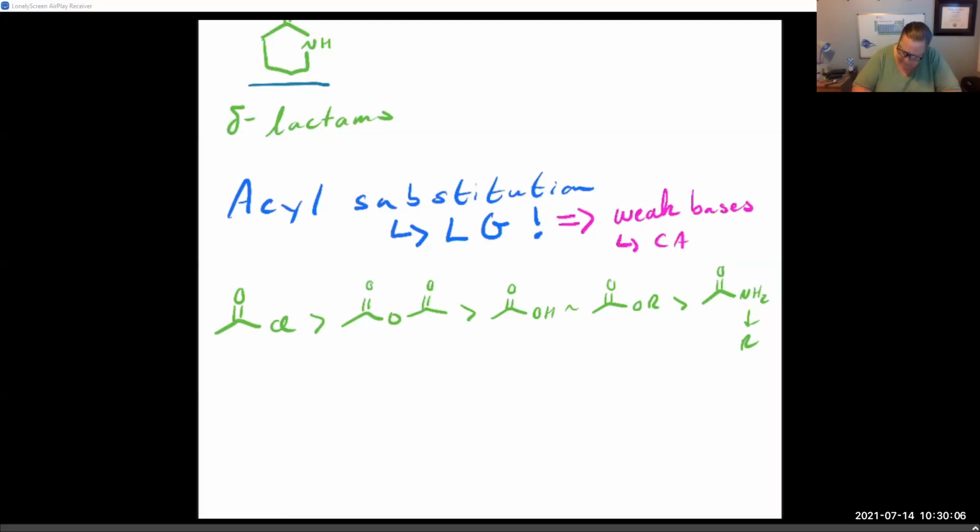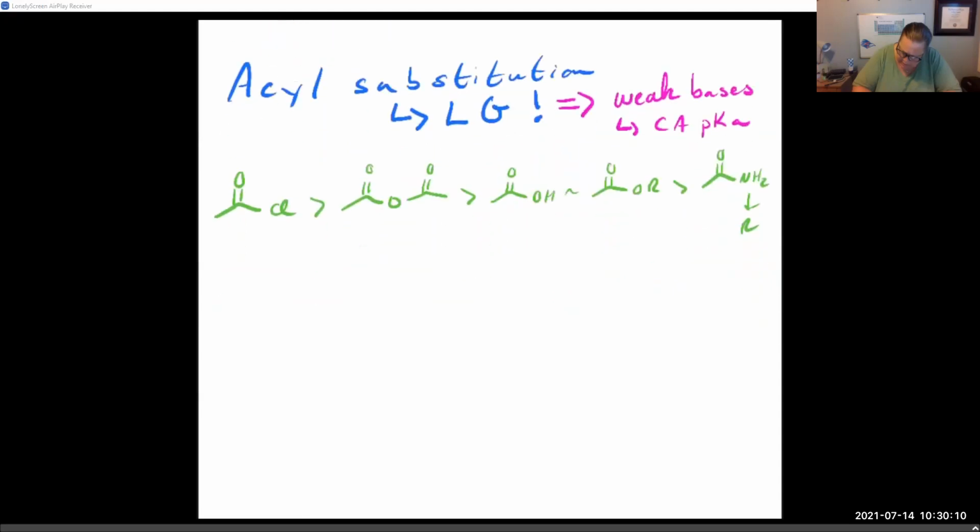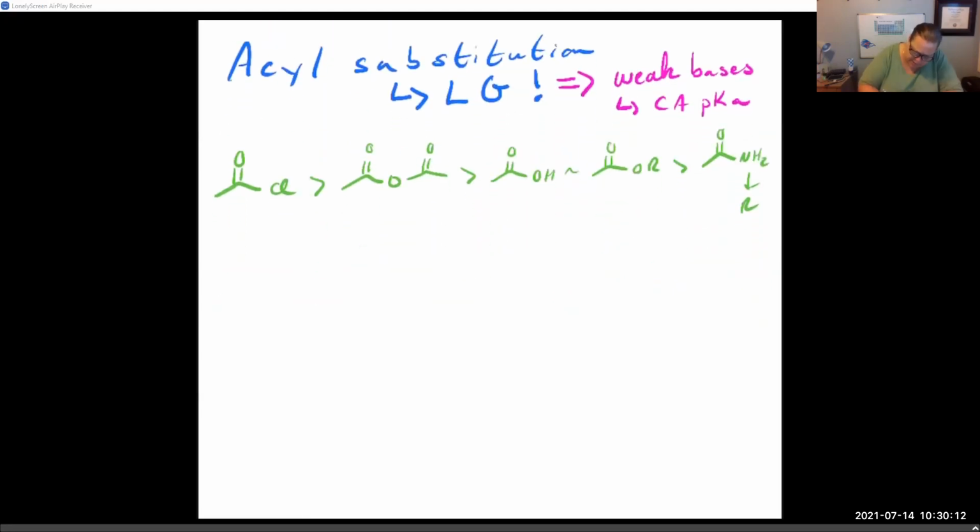We're going to have to look at the conjugate acids' pKa's. And so I'm going to go ahead and exchange this Cl for an X. Because, like I told you, I want you guys to realize that we're using acid chlorides in the Smith textbook, but there are also acid bromides.